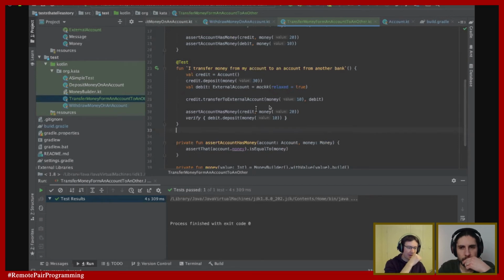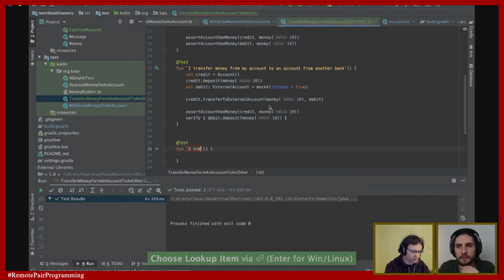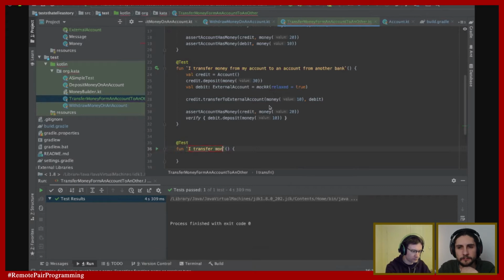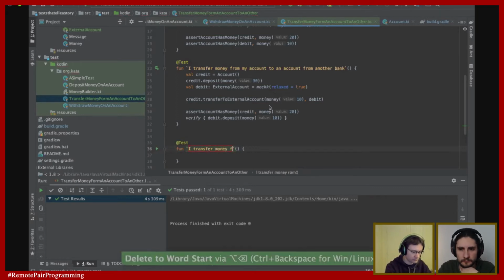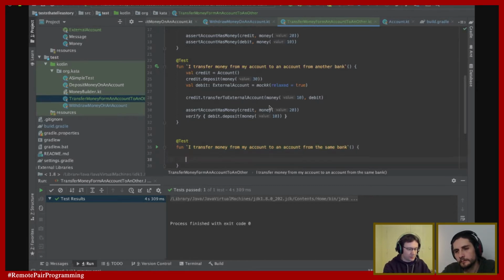What's next? So let's try to do this test. I transfer money from my account to an account from the same bank. Okay, so transfer to internal account.